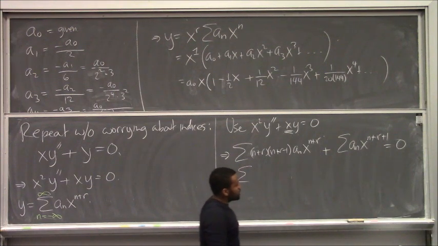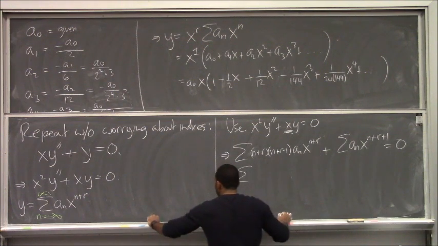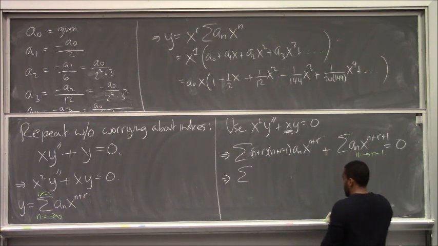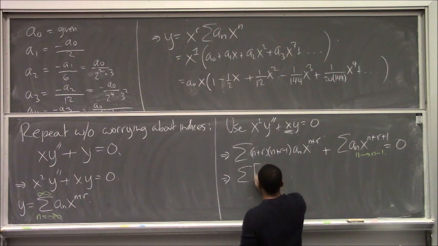Now what I'm going to do is immediately shift here, n shifts to n minus 1, and then I'm going to just throw it all in one big series right away.